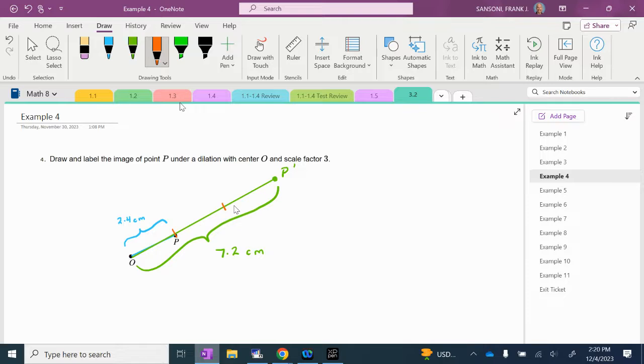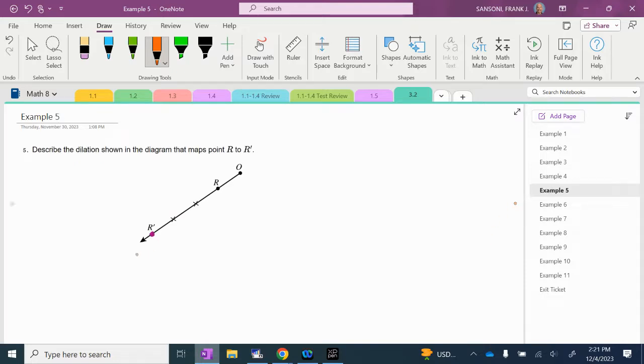Okay? So then we go to example 5. And now they've done the work for you. So here's our original R, and I think I'll do the original R in blue. And my R prime is in green. What was the scale factor? 4, right? Because you can see right here, here's my original.